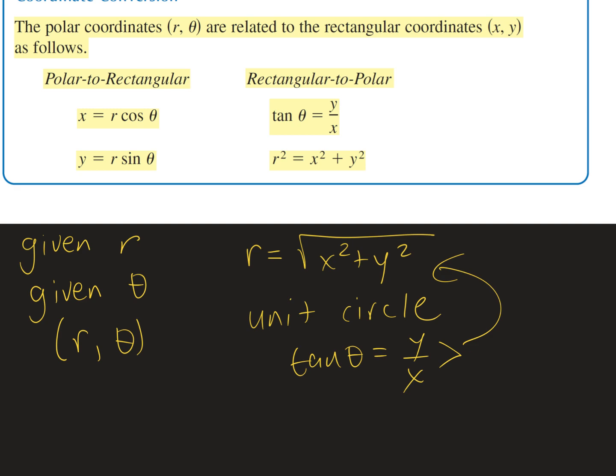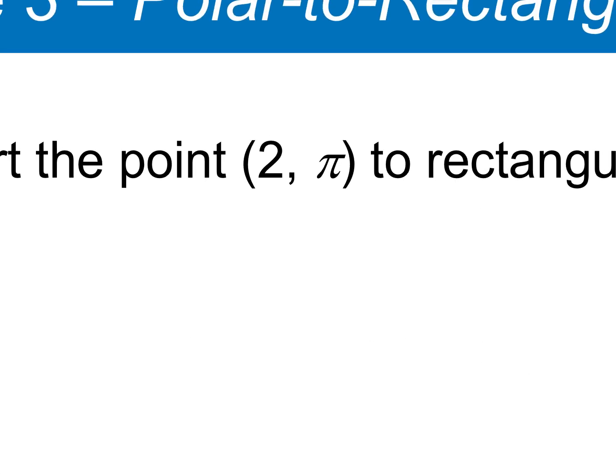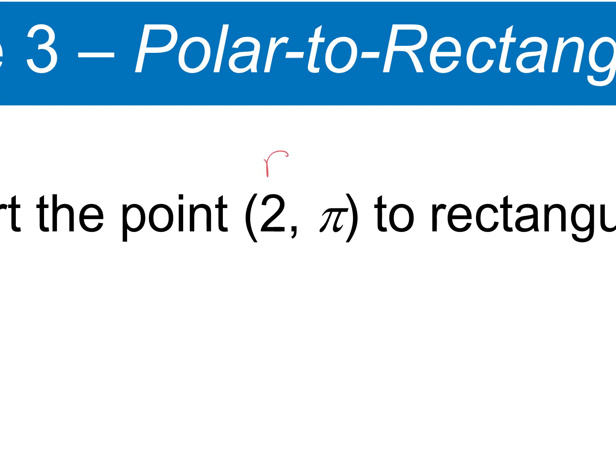All right, we're going to do a couple examples, and you're going to say, oh my gosh, this is so easy. If I said to you right now, okay, guys, go ahead and convert the point 2, pi from polar to rectangular, you guys are like, what, huh? All right, so let's think about this for a second. This is polar. If we're starting off in polar, they're giving me the r, and they're giving me the theta, correct?